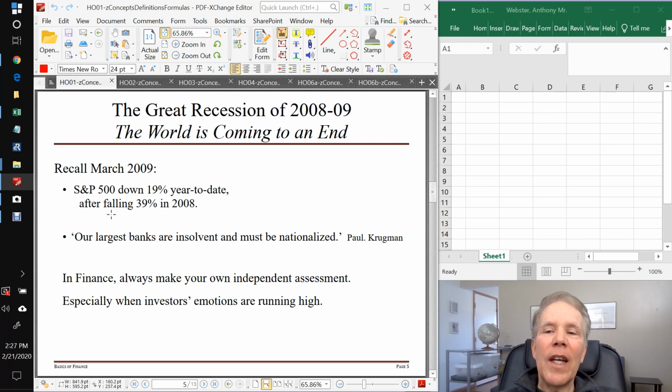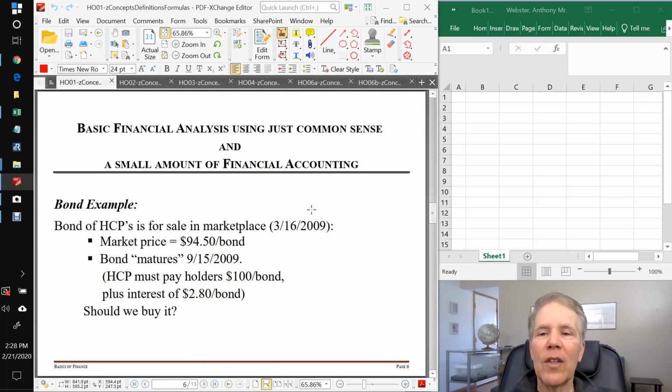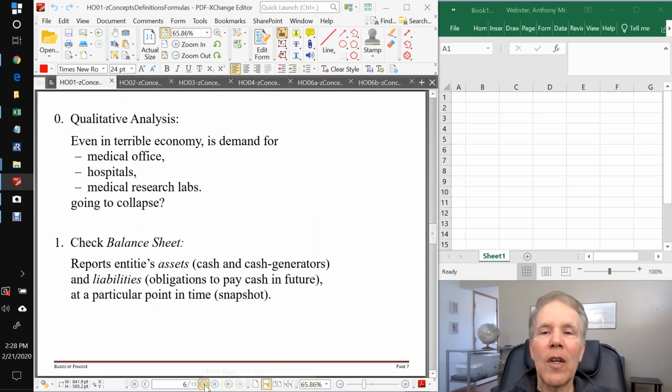In 2008, the stock market, represented by the S&P 500, fell about 40% and then another 20% through the middle of March. And there were all kinds of crazy things being said at that time by very smart people like Paul Krugman, etc.